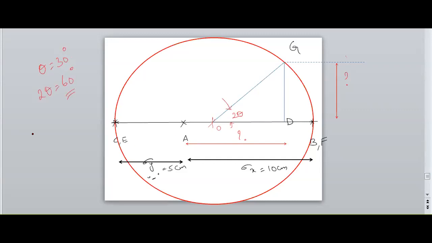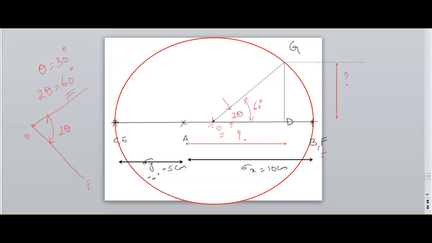Now, in the derivation, we considered O to F and drew an angle theta from O to F. O to F is in the horizontal plane. Therefore, I need to consider 2 theta, that is 60 degrees.